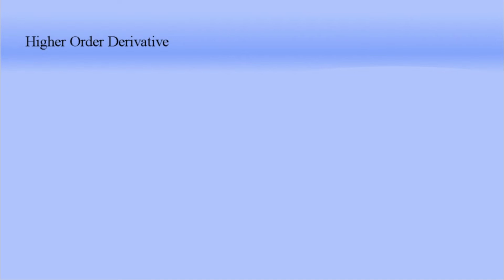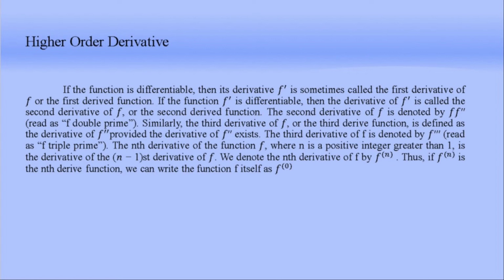We're going to move on to another topic, which is the higher order derivative. So, based on its definition, if the function is differentiable, then its derivative is sometimes called the first derivative of f, or the first derived function.